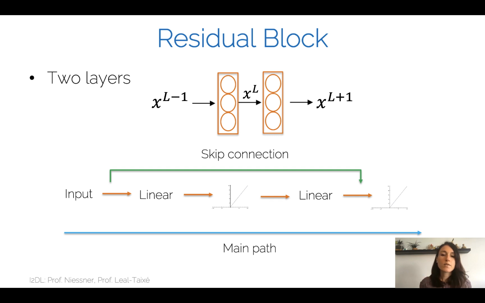But what if I now say, I want to skip some of these operations, and I want to create what is called a skip connection. So I want to be able to take the output of layer L-1, to take XL-1, and to bring it directly, to skip these two layers here, and to bring it directly to XL+1. Just copy-paste.